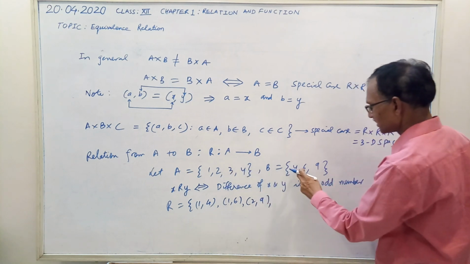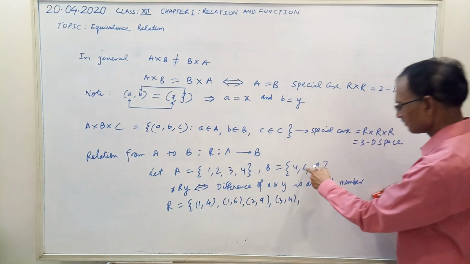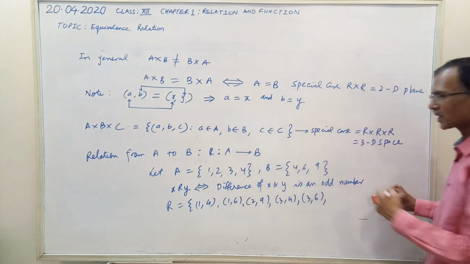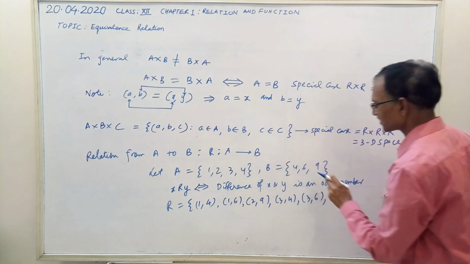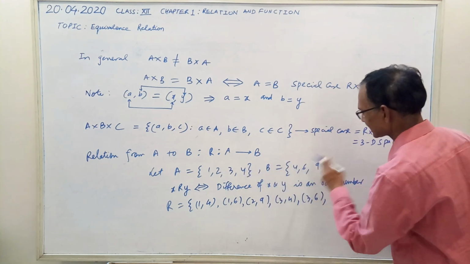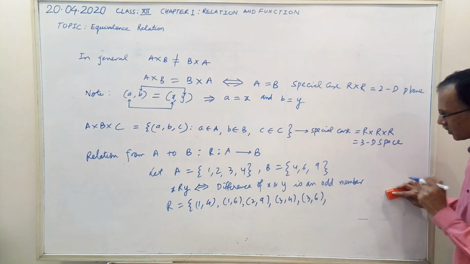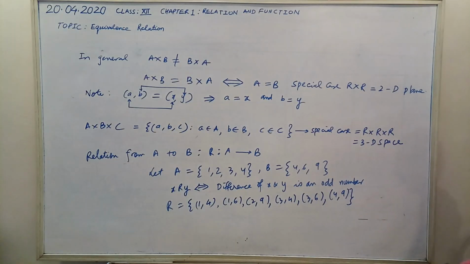Then (3, 4) will belong, (3, 6) will belong, but (3, 9) will not belong because it is an even number. 4 minus 4 is 0, which is even. 4 minus 6 is 2, which is even. 4 minus 9 is odd, therefore (4, 9) will belong to R.